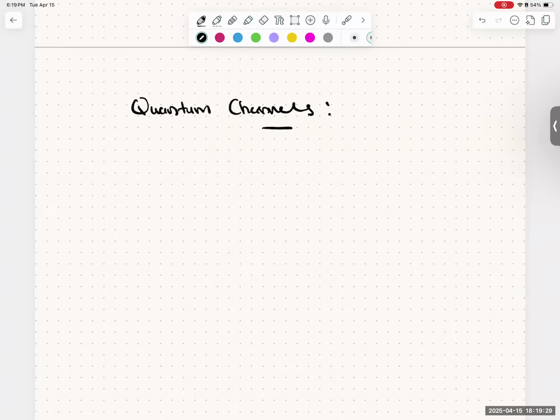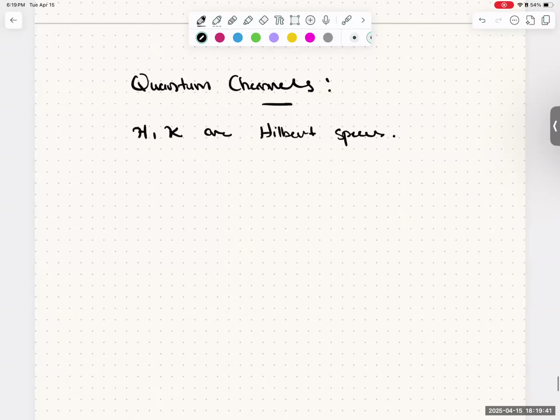So if you have that H and K are, let's just say, finite dimensional, then L of H, K are linear maps from H to K. These are maps M going from H to K that are linear.